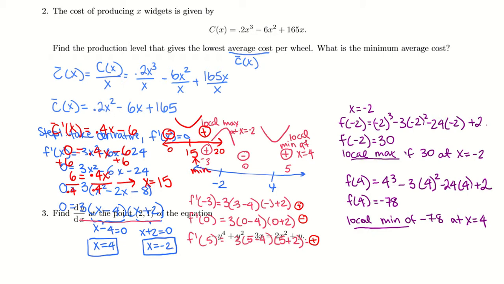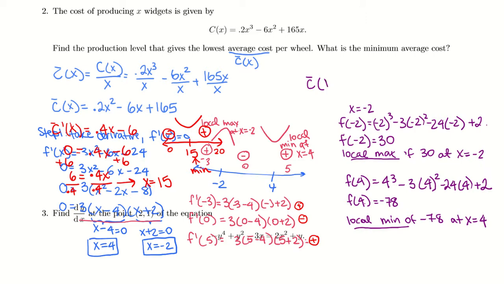Now let's find the minimum average cost. To find that, we're going to plug in our 15 into the c bar function, because we want to know the average cost that goes with this minimum x value.